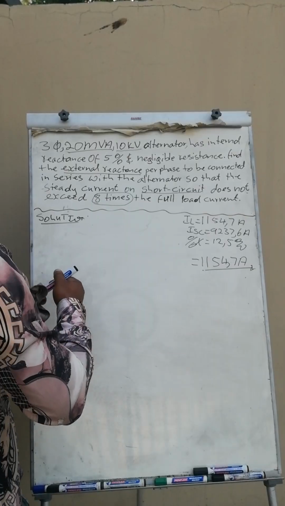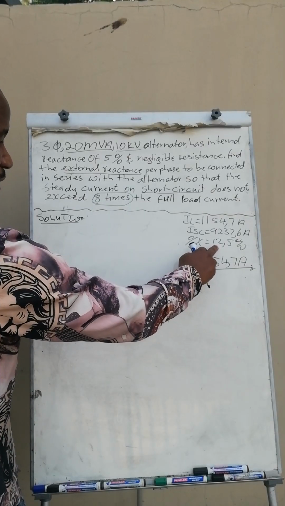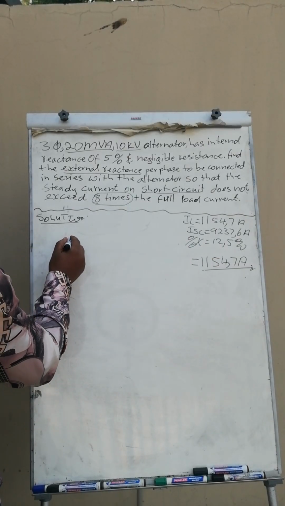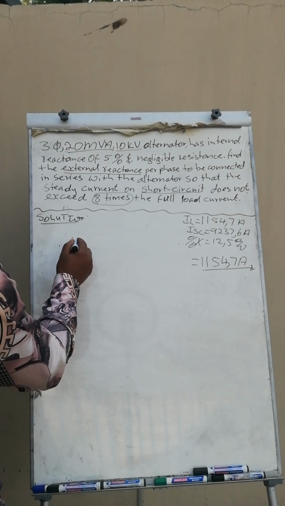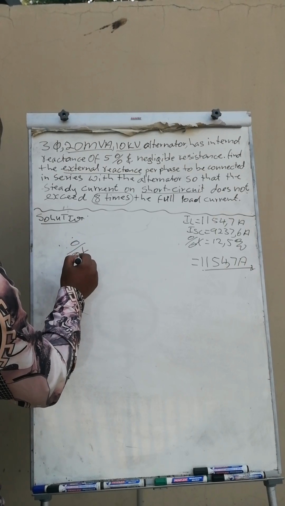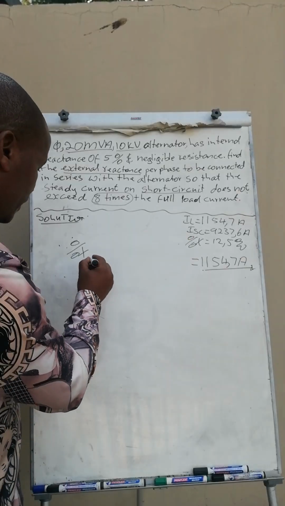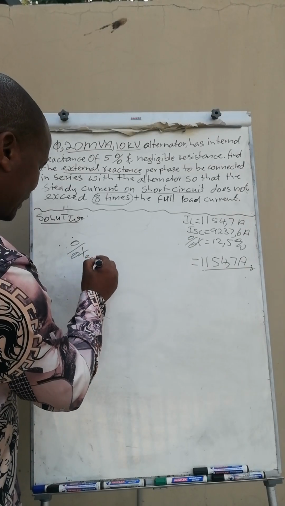Okay, right. We calculated 12.5. Therefore, we've got what? Percentage x external. Let's use external.